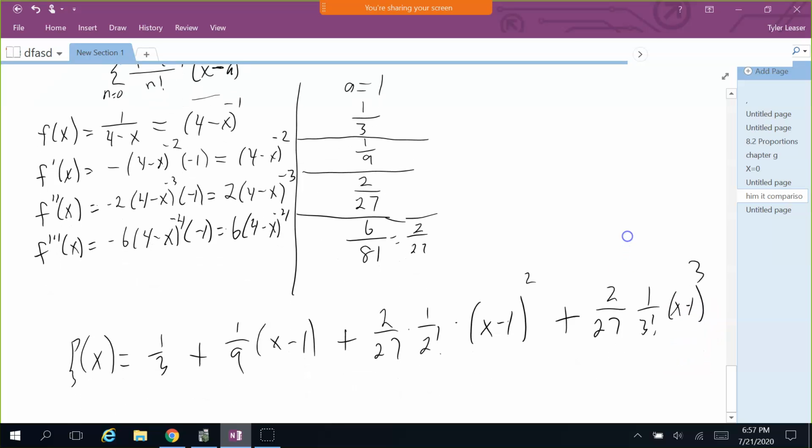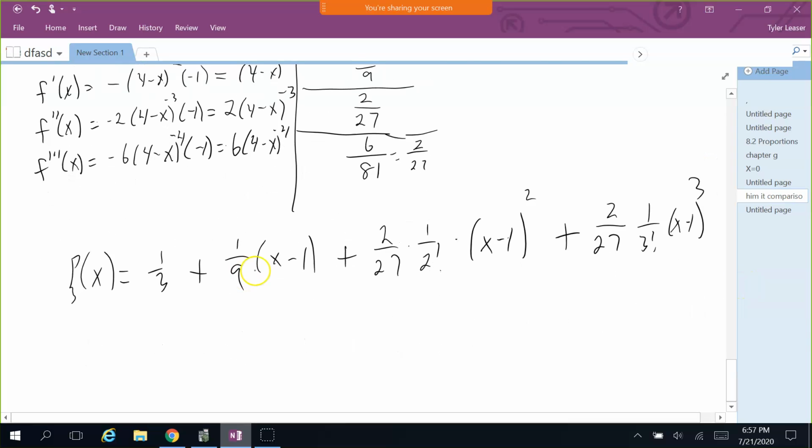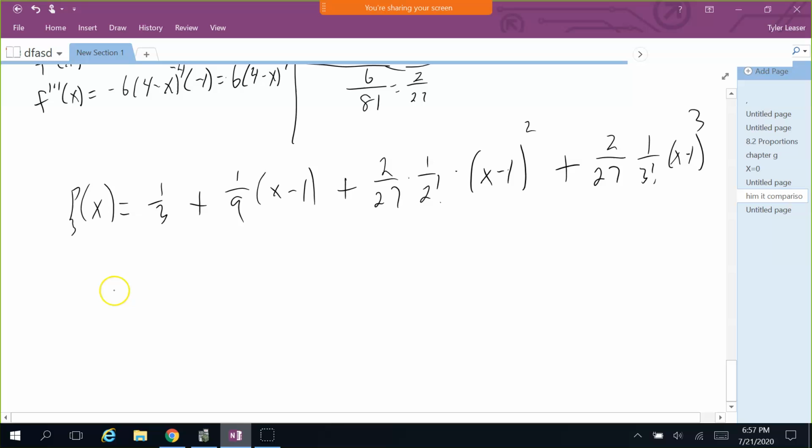And we can just stop there because they were asking us to find the Taylor polynomial and not the Taylor series, so we don't have to multiply this stuff out any. We can combine some terms together to make it look a little bit neater. So the 1/3, I'll leave this one as 1/9 times x minus 1. 2 over 27 divided by 2 factorial is going to be 1 over 27.